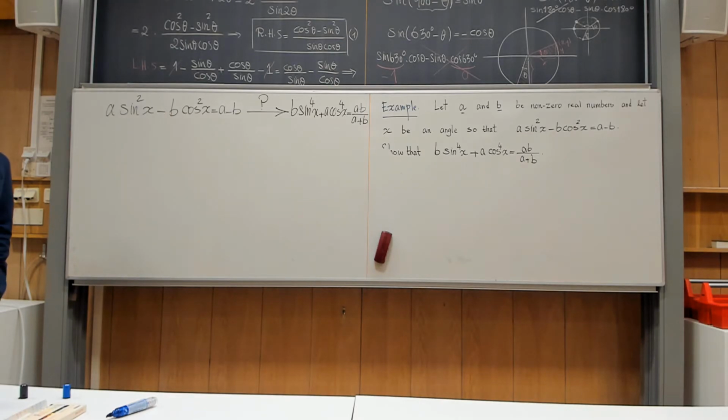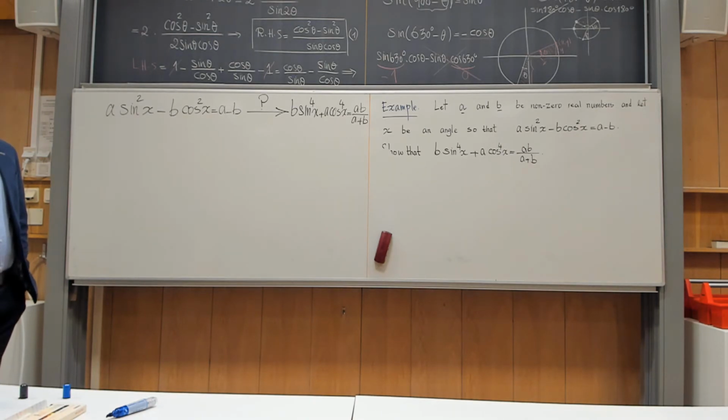Do you have any idea how to do that? Yeah, I know that this is a little bit of a non-standard problem for you, but let us try to think.